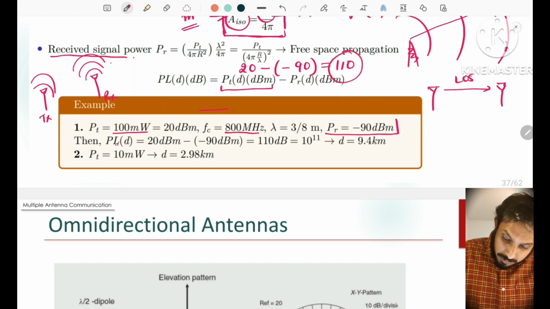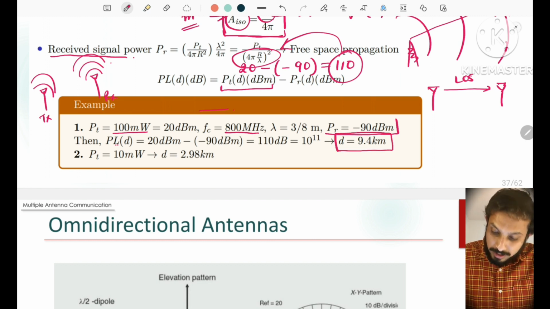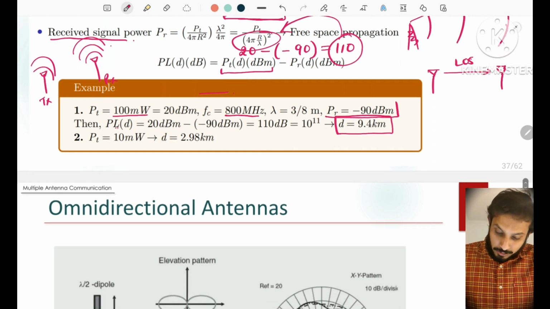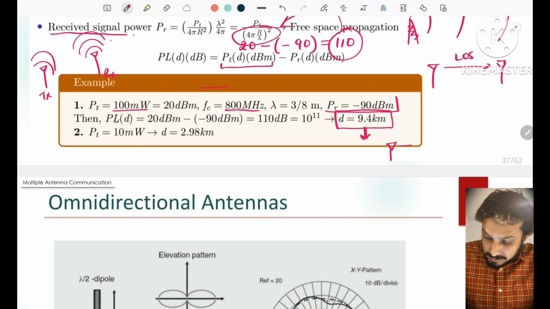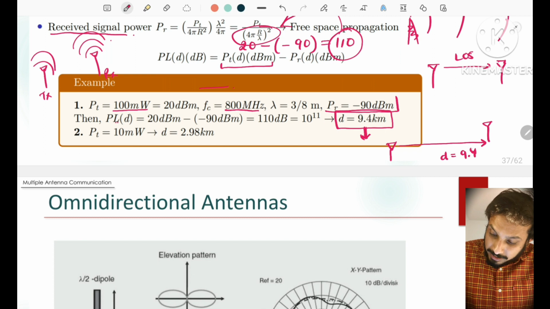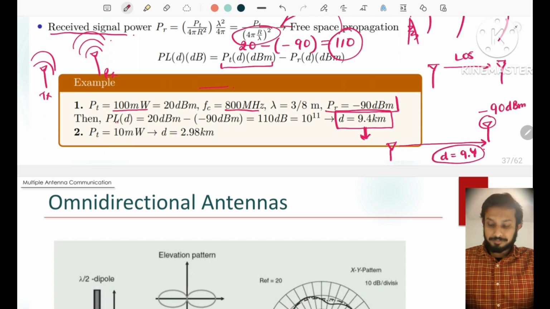We substitute this into the path loss expression, and what we obtain is d equal to 9.4 kilometers. So if the receiver is present at a distance of d equal to 9.4 kilometers, we can expect a received power of minus 90 dBm at the receiver.